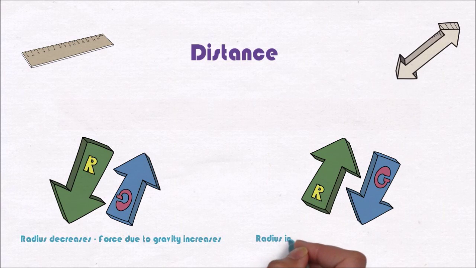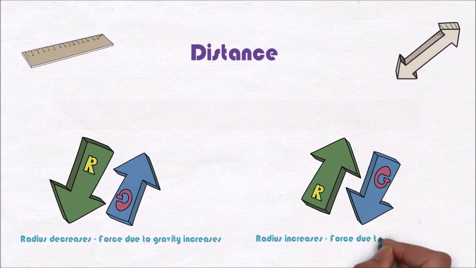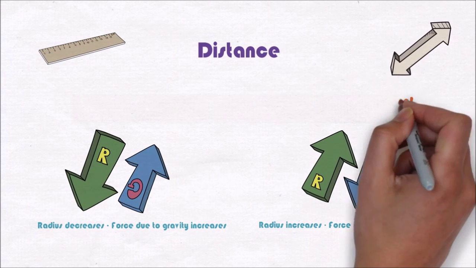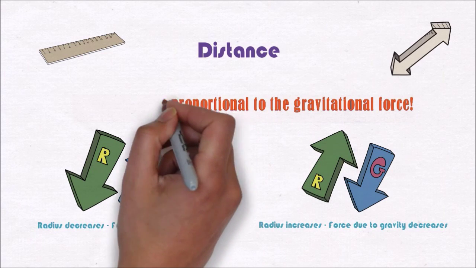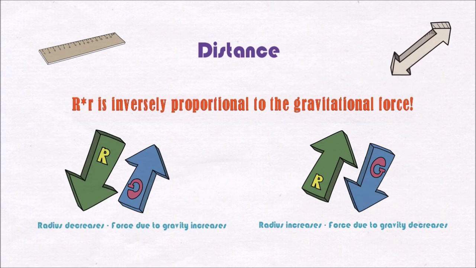When the distance of the system increases, the gravitational force of the system decreases. The distance of the system squared is inversely proportional to the gravitational force of the system.